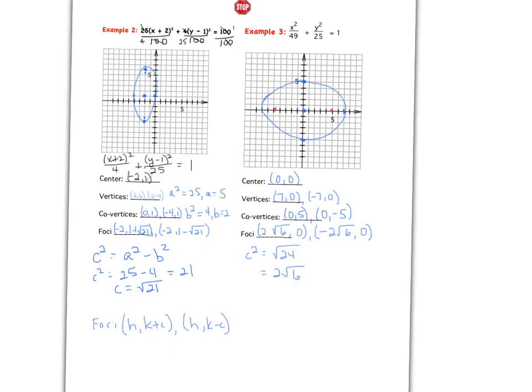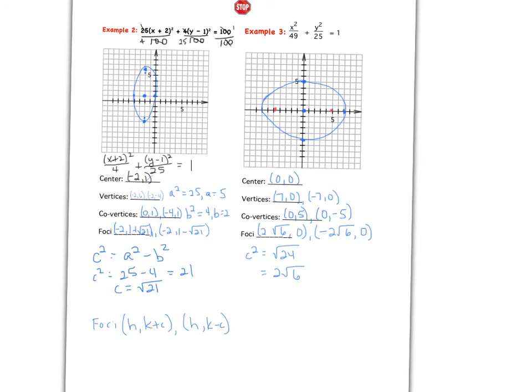So hopefully you were able to draw and identify all those pieces for the ellipse. Remember again that you have two different types of ellipses, one that is longer on the horizontal axis, like examples 1 and 3, and one that is longer on the vertical axis, like example 2.